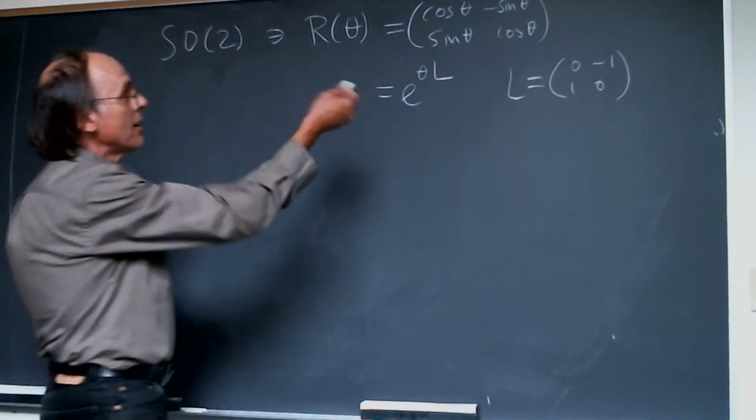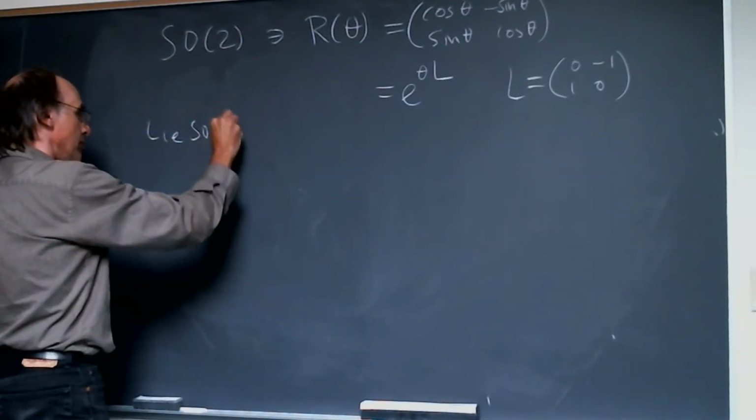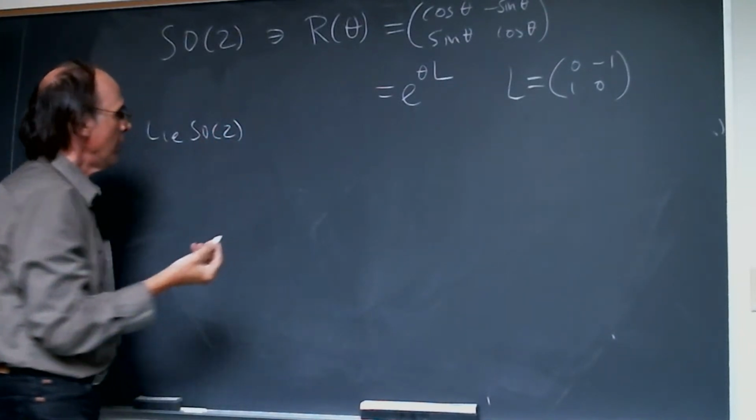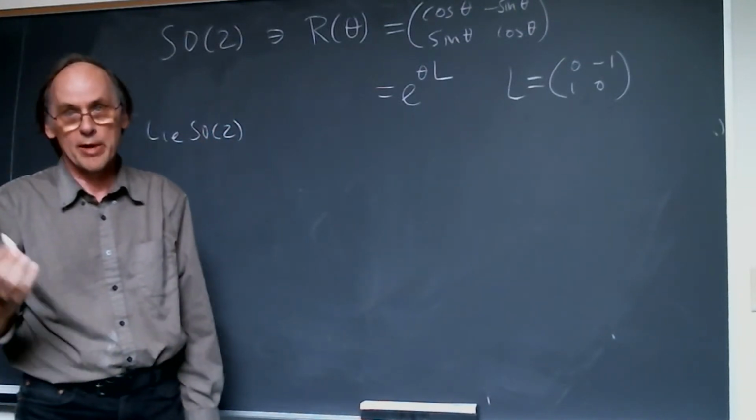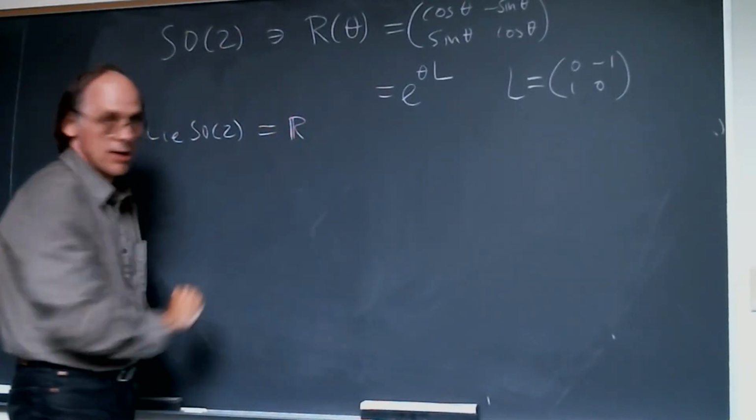So the Lie algebra of SO2 is one real dimensional. As a vector space, it's just the real numbers.